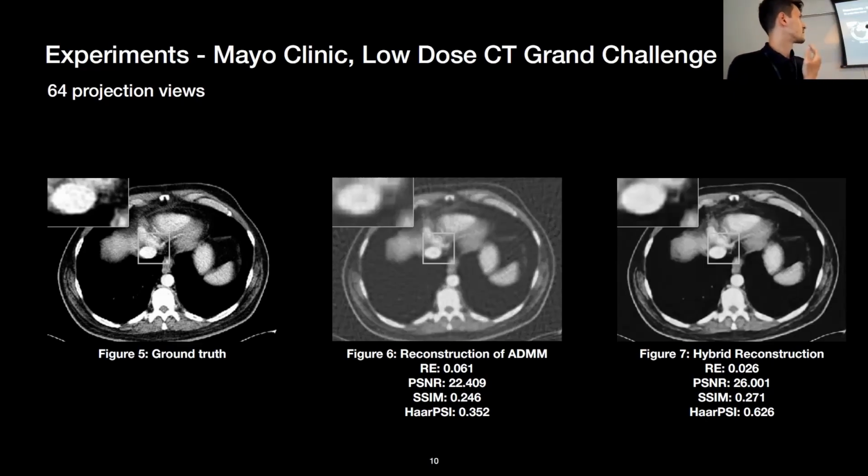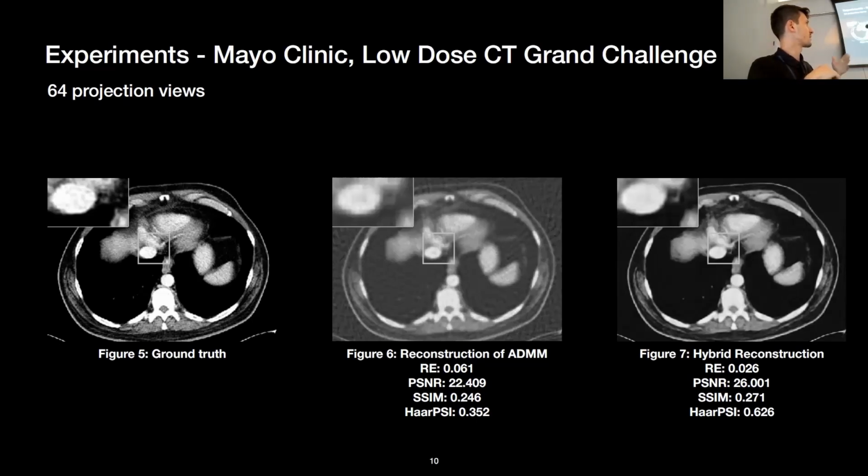If we have a look at these zoomed in parts, we see that the features of the signal seem to be much more preserved, or should I say well reconstructed, in figure 7 when we compare it to that of the ADMM reconstruction. We've also computed various metrics to support these visual claims: relative error, peak signal to noise ratio, structural similarity index, and Haar wavelet based perceptual similarity index.